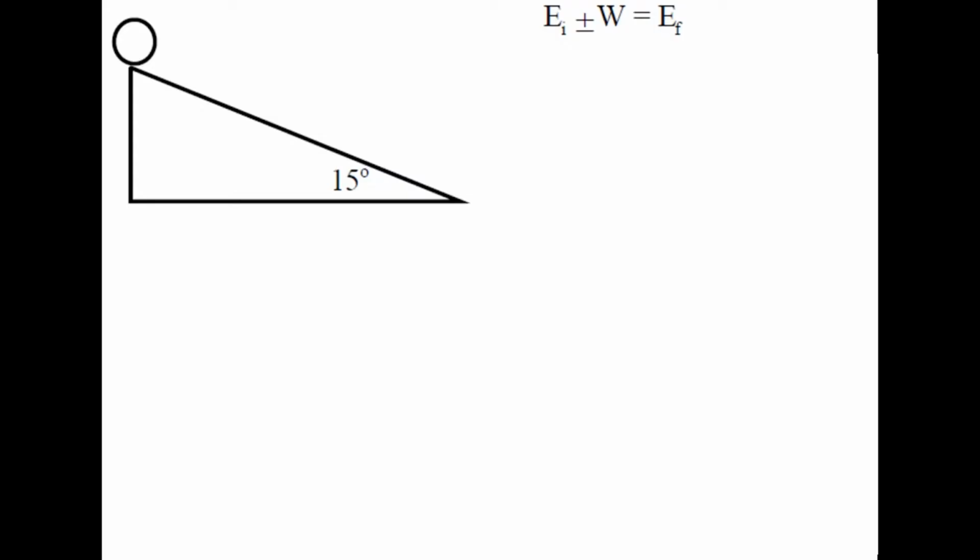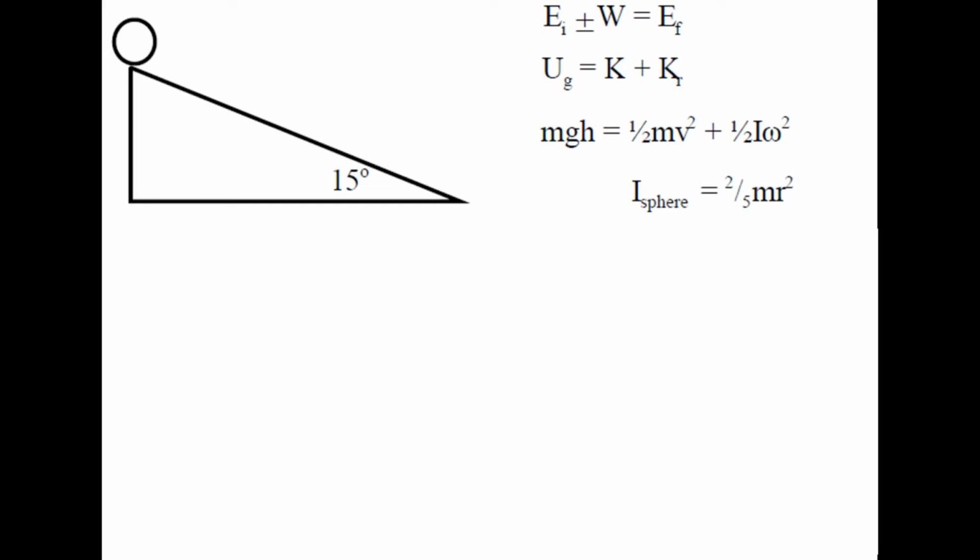With no external work, the work-energy theorem becomes: the potential energy due to gravity at the top becomes the kinetic energy at the bottom, this time both kinds. Potential energy is mgh, kinetic energy is 1/2 mv squared, and rotational kinetic energy is 1/2 I omega squared. We have to look up the moment of inertia of a sphere. It is 2/5 mr squared. Let's substitute that in.